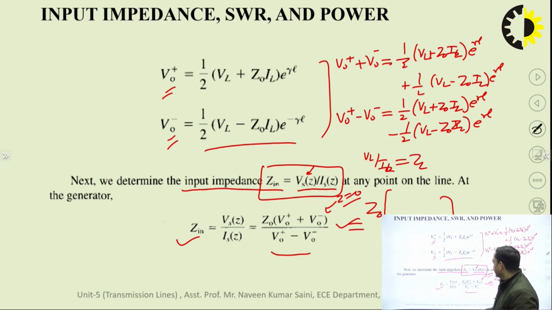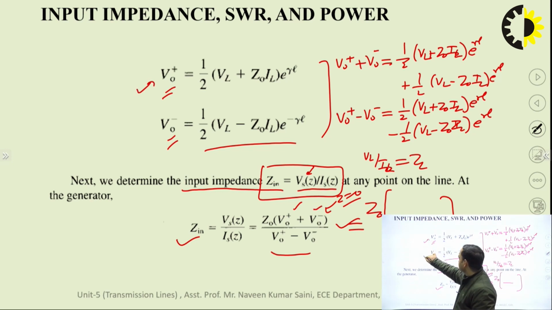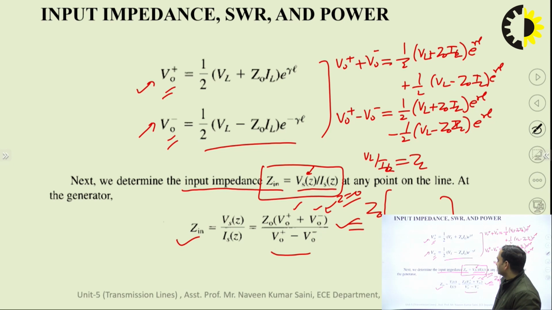In the general case, when we want it at any point on the transmission line, in place of V naught plus and V naught minus we have used these equations. V naught plus and V naught minus we have taken from here, and separately you can find them from here.